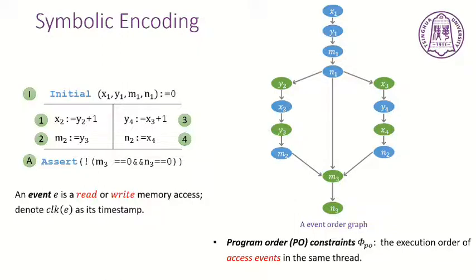For simplification, we create an event order graph whose nodes are access events, and the edge between 2 nodes is the order constraint between access events. We color green to represent a read event, and we color blue to represent a write event. So we can get a chain of program order constraints.